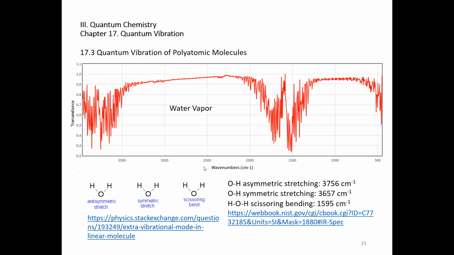And even more complicated, a water molecule might be in the rotational excited energy level in the first place. And when such a water molecule absorbs a photon, well, it can be vibrational excited and rotational de-excited at the same time.